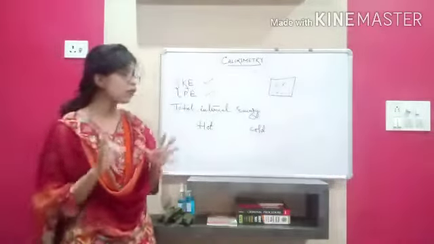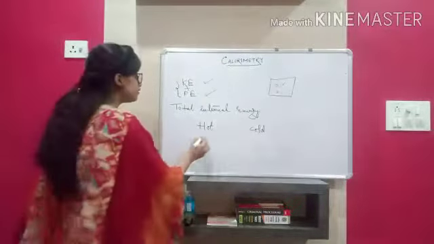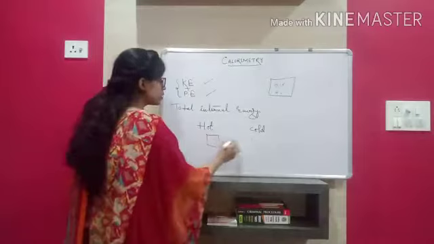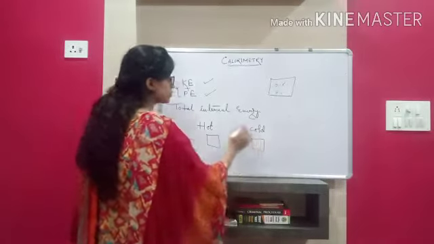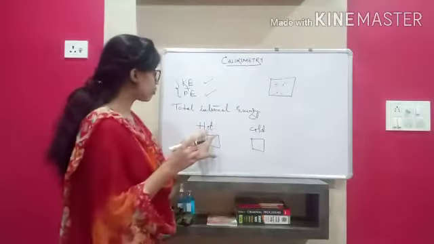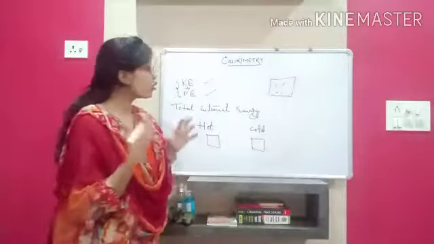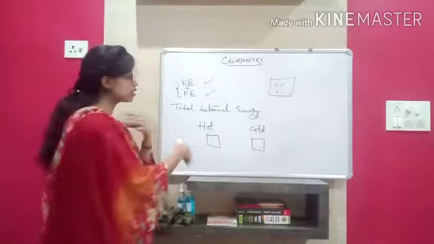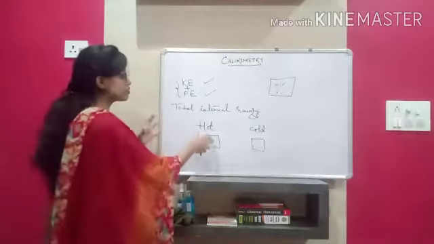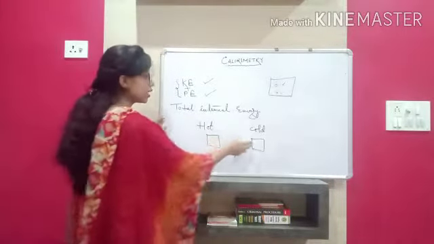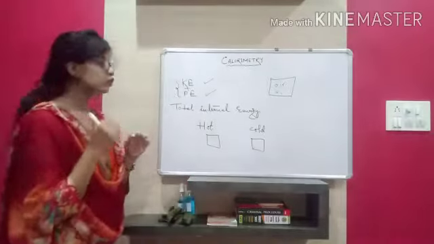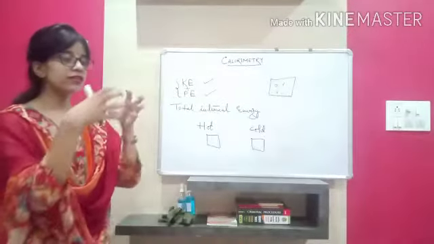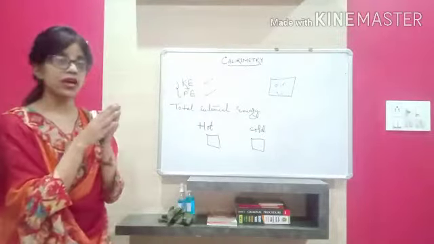Okay, now what will happen if these two types of bodies come in contact? Like if we are having a hot body and a cold body, or you can say that this body has a higher total internal energy, and this body has a lower total internal energy. And when the bodies come in contact, what will happen?